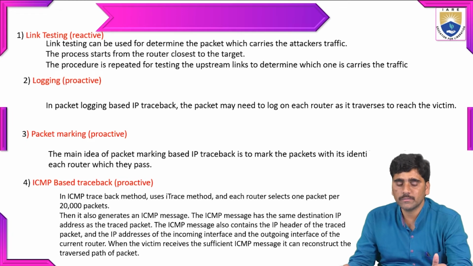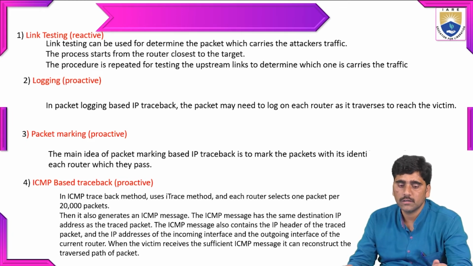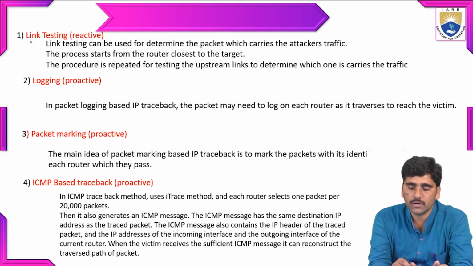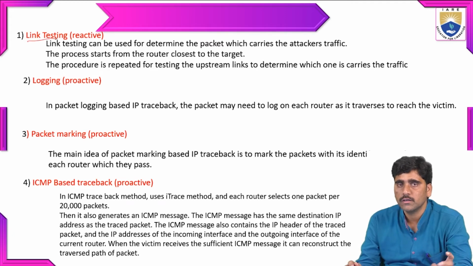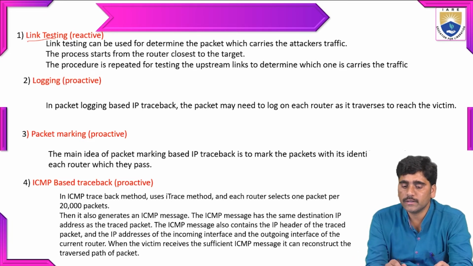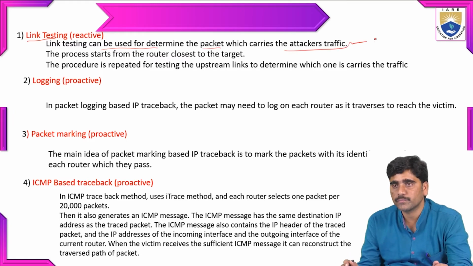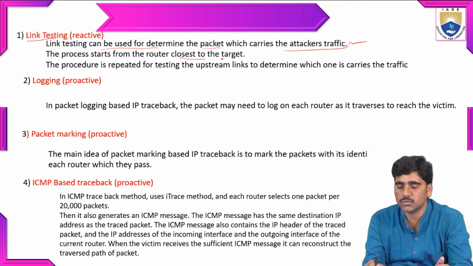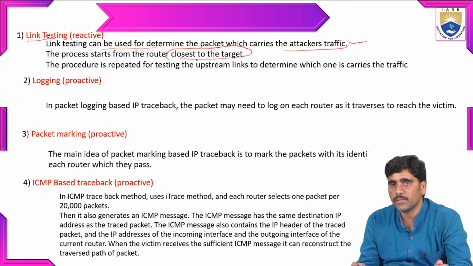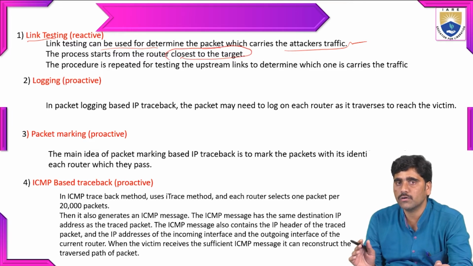So there are different types of IP traceback techniques, reactive or proactive. The first one is link testing, that is nothing but a reactive mechanism. Link testing can be used to determine the packet which carries the attacker's traffic. The process starts from the router closest to the target.